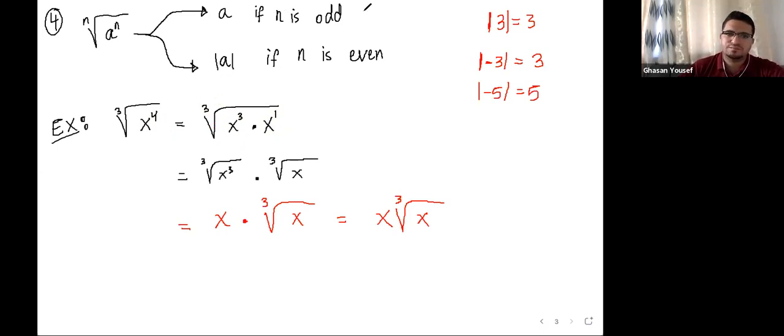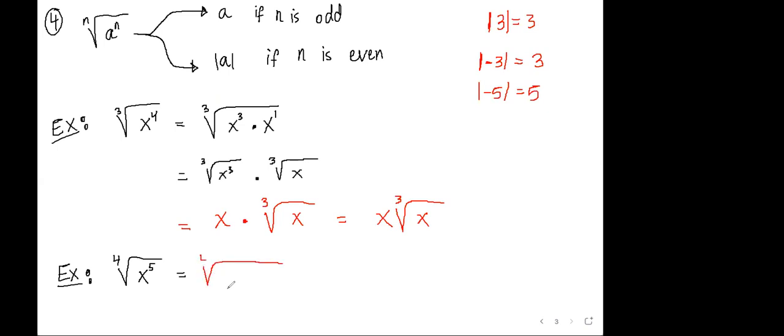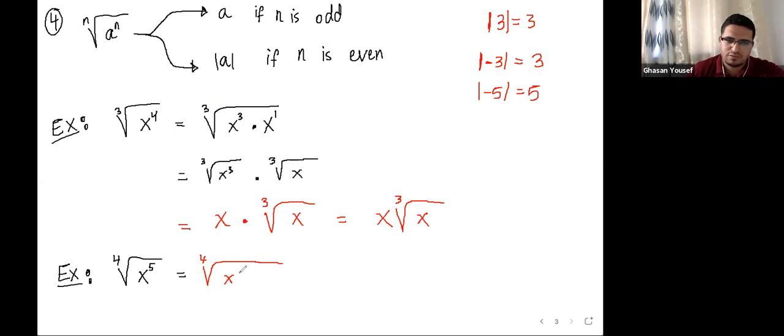So another example. If I have the 4th root of x to the power, for example, 5, same idea exactly. So we can split it into two pieces: the 4th root of x to the power 4 times the 4th root of x to the power 1, because 4 plus 1 gives me 5.